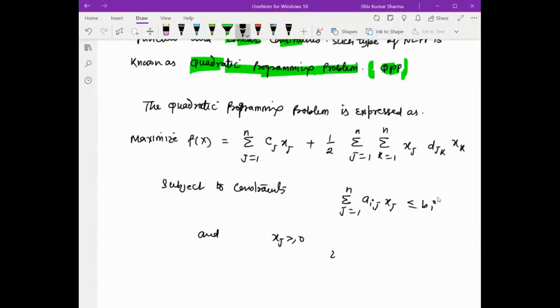So here i is equal to 1 to m and j we take as 1 to n.